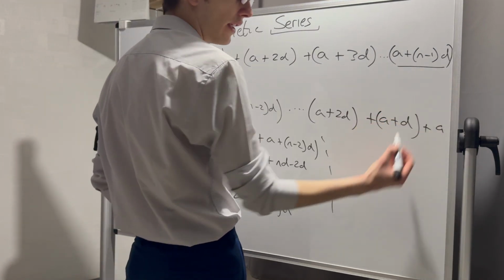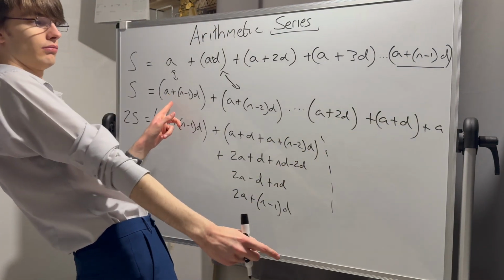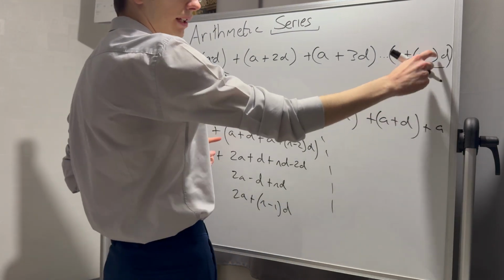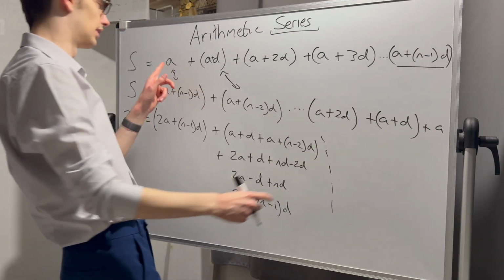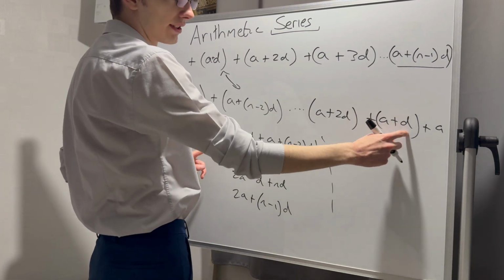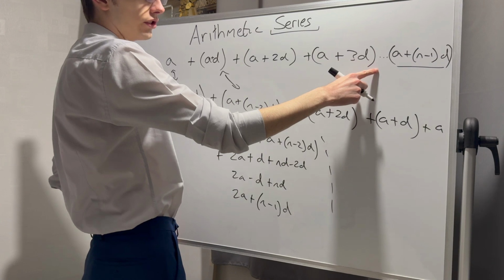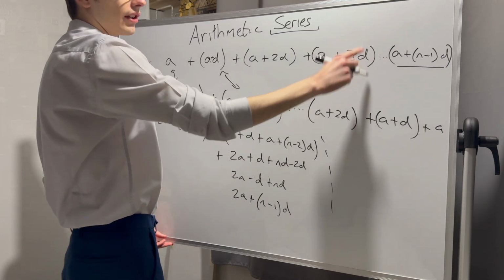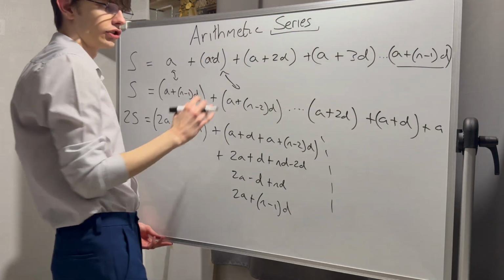And we see that this here is the same as this one, which means a plus n minus 1d plus a is going to equal here. My next one up, a plus d, is going to add on to, I haven't got it written here, a plus n minus 2d, and so on.